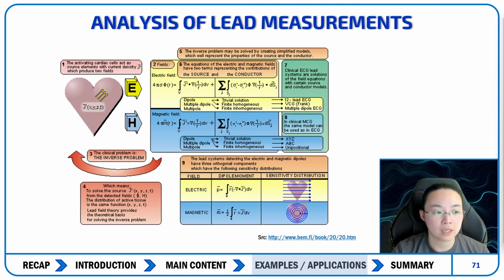The most important thing is to be able to take a look to see whether you have a dipole, a multiple dipole, or a multipole, to see if you have a trivial solution, a finite homogeneous, or a finite inhomogeneous solution. So once you have broken down everything into its individual components, you can then take a look at the lead systems to detect the electric and magnetic dipoles, and they each have orthogonal components because of the cross product.